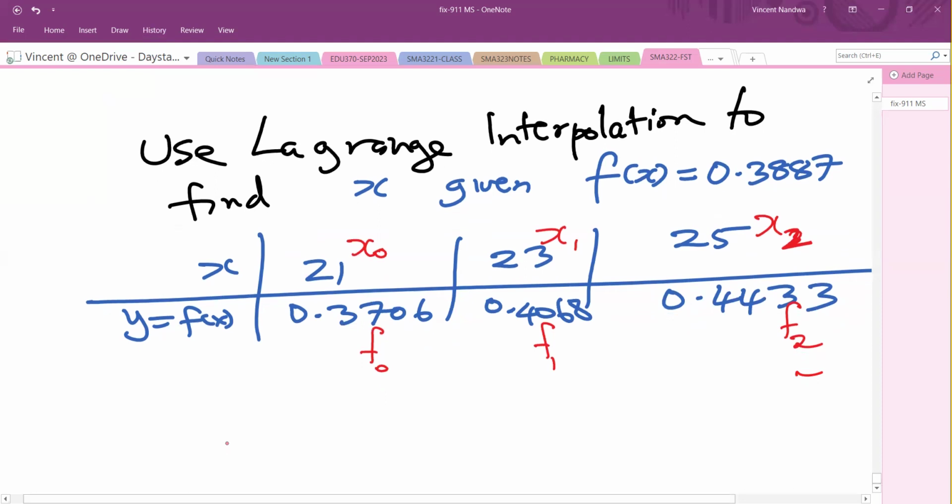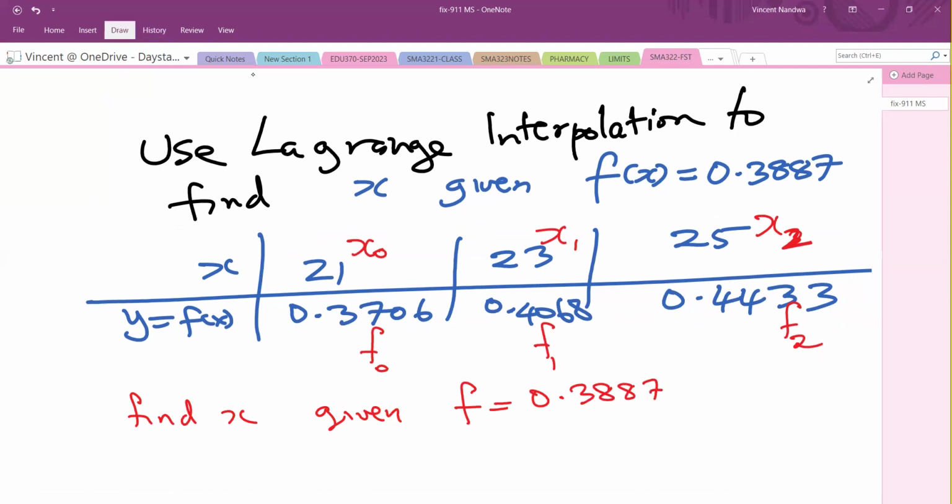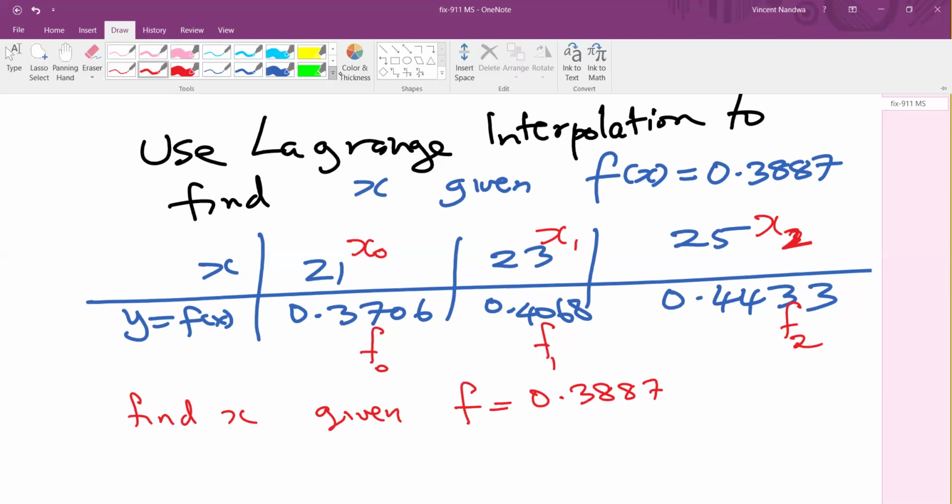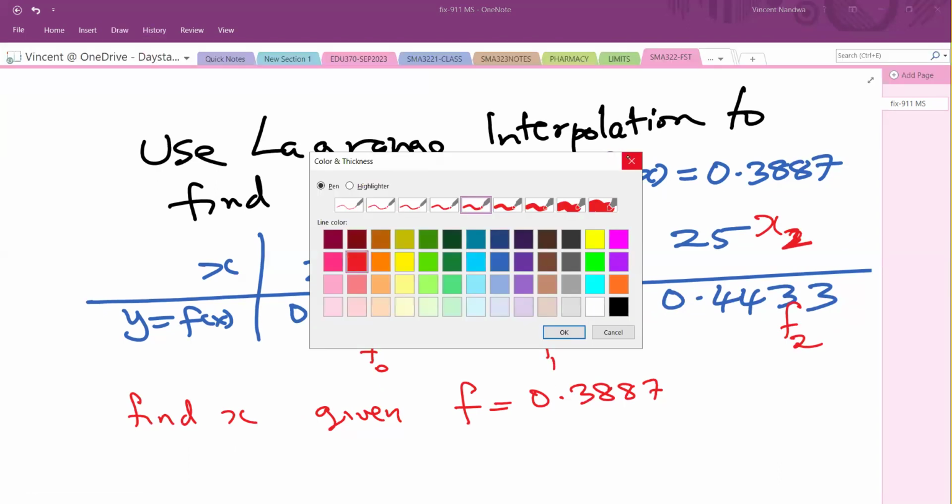And since we need to find x given f is 0.3887, this tells us that this is an inverse problem.